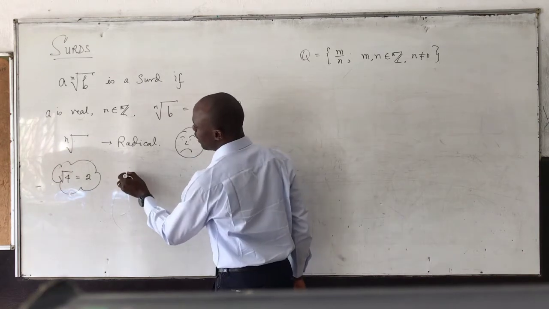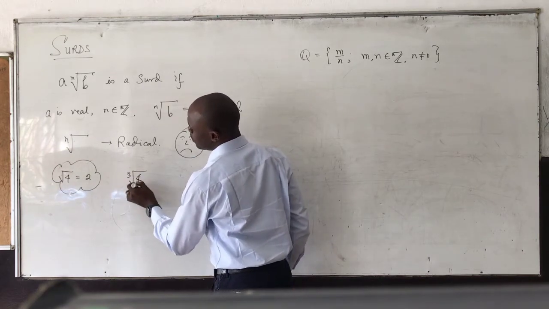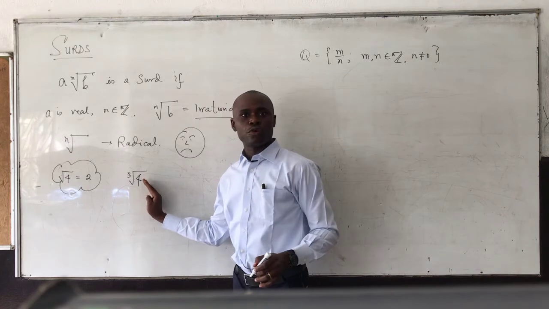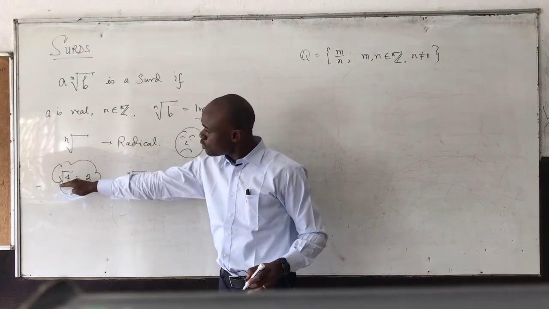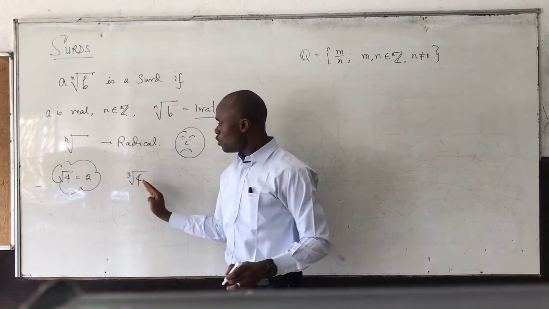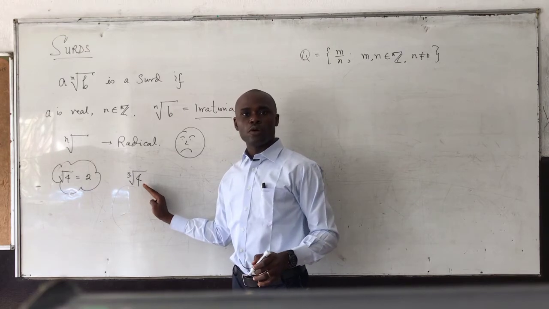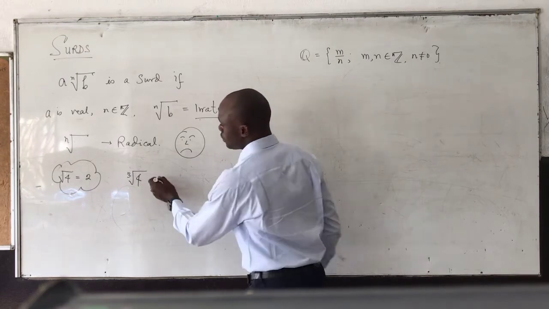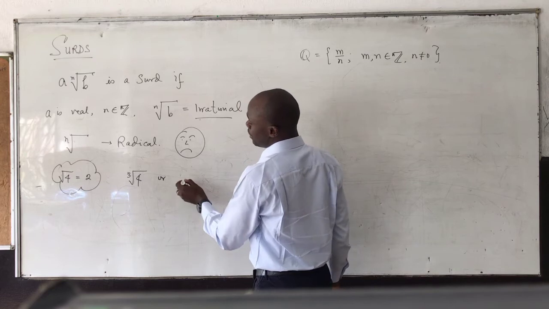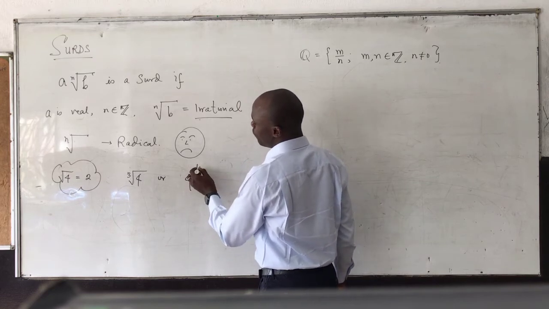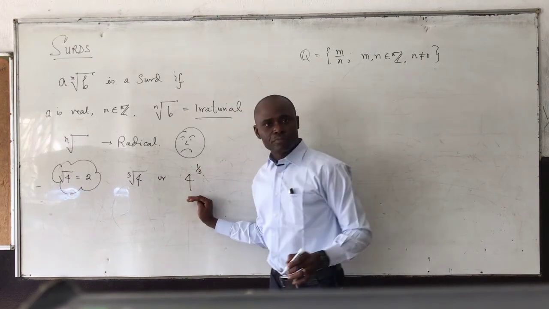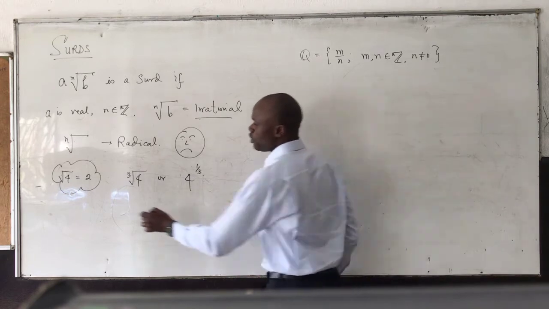On the other hand, if I have something like this, it is called the cube root of 4. This is called the square root of 4, which is 2. We also have what we call the cube root of 4, and this can be represented as 4 raised to the power of 1 over 3.